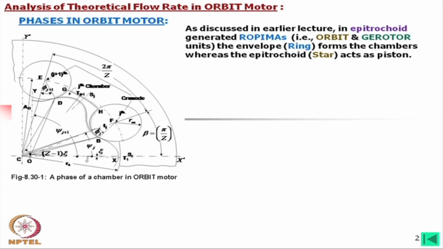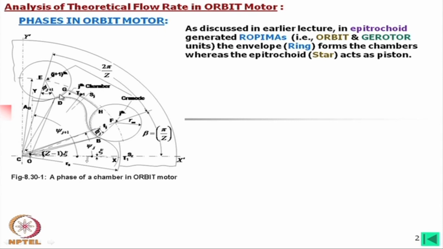So, as discussed earlier, the epitrochoid generated ROPIMAs, that is rotary piston machines, orbit and gyratory units. The envelope ring forms the chambers, whereas the epitrochoid star acts as a piston. If we look into this, this is the chamber.